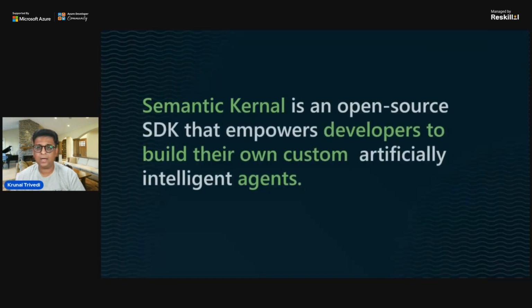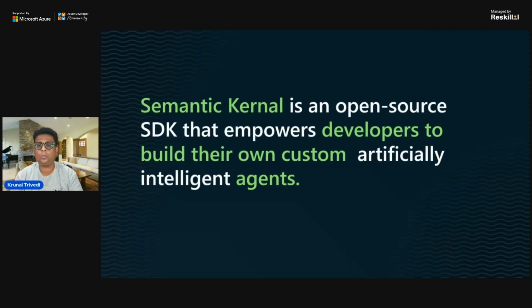So again, as I told you, semantic kernel is an open source SDK that empowers developers to build their own custom AI agent. By combining LLM with native code, developers can create AI agents that understand and respond to natural language prompts to complete a variety of tasks.